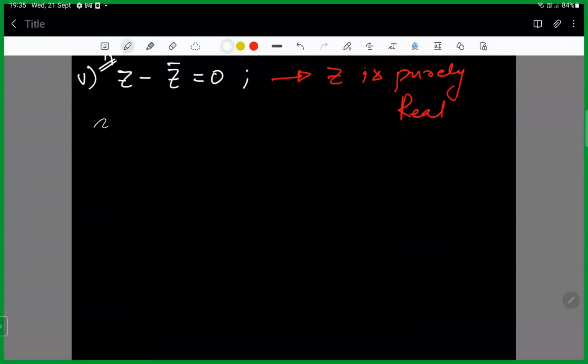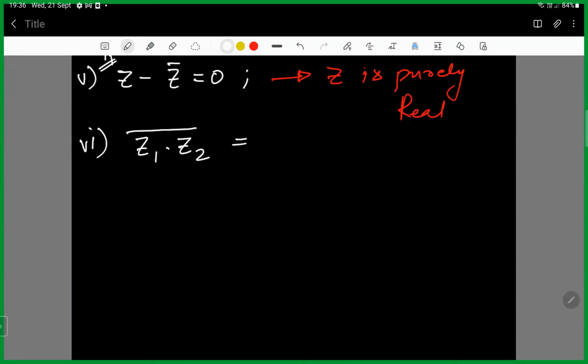Okay, let's write down another property. If you multiply two complex numbers, let's say Z1 and Z2, and you take the conjugate of this, what will you get? Of course, we are talking about conjugate only. We haven't done much; once we are done with the properties, then we'll start solving some problems. These are also your problems.